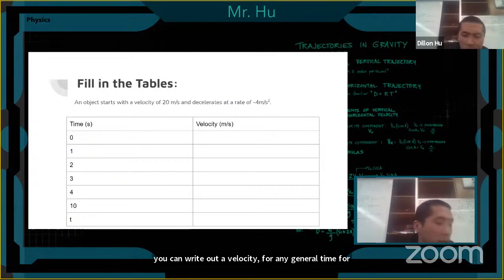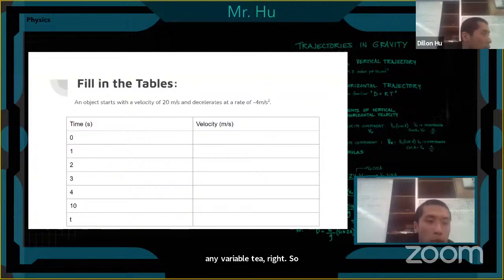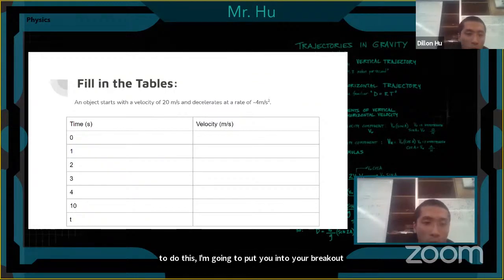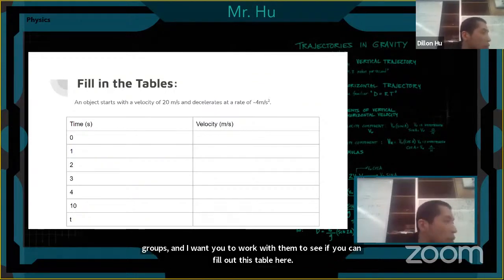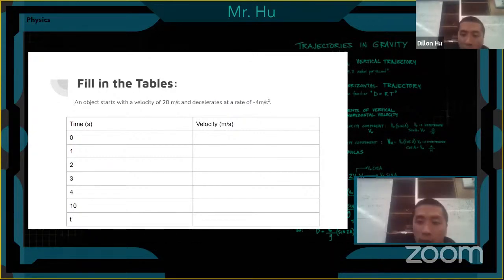So to do this, I'm going to put you into your breakout groups, and I want you to work with them to see if you can fill out this table here and see if you can figure out what these velocities are and what the general velocity is at any time that we might call t.